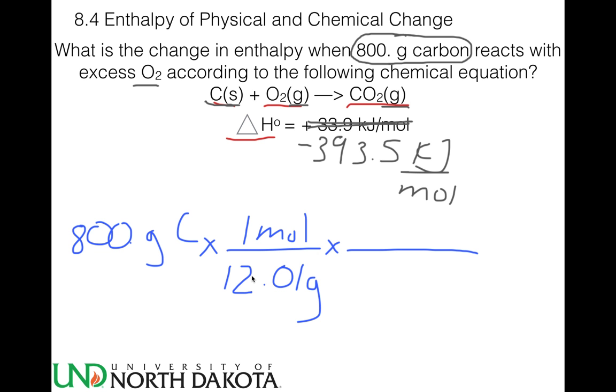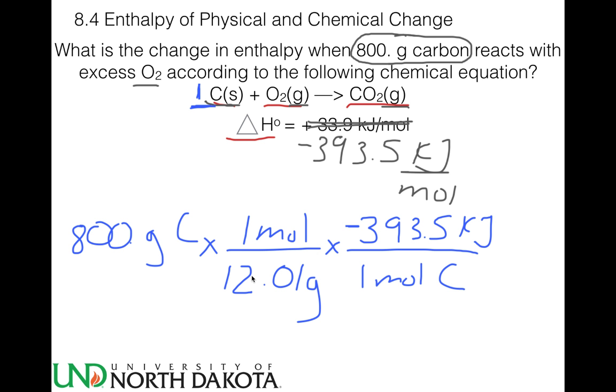And then the delta H of this process tells us that for every 1 mole of carbon that reacts, because the coefficient of carbon in the balanced chemical equation is just 1, there is a release of 393.5 kilojoules. And so that would be negative to imply that exothermic process.